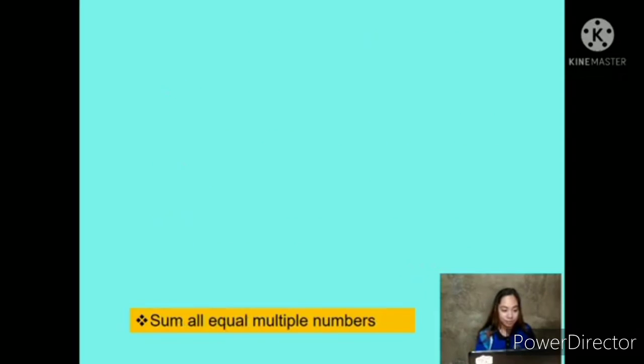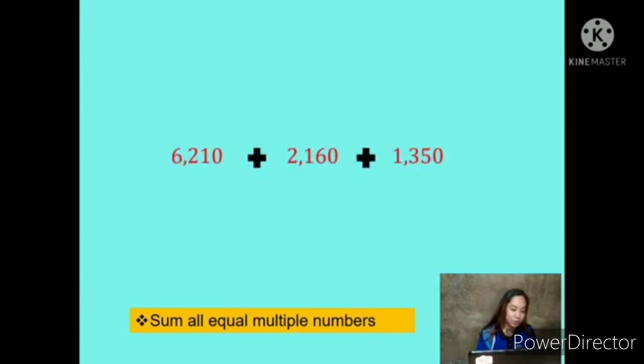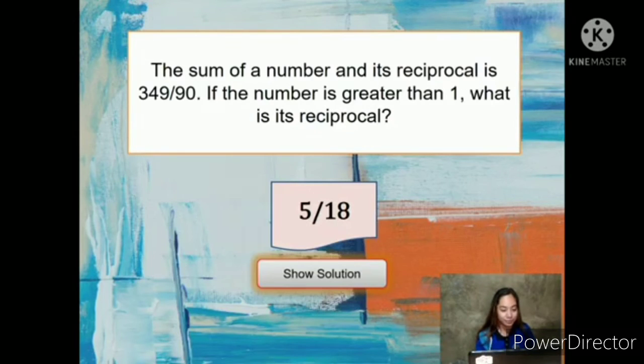So, the next step is sum all equal multiple numbers. So, 6,210 plus 2,160 plus 1,350 is equal to 9,720.